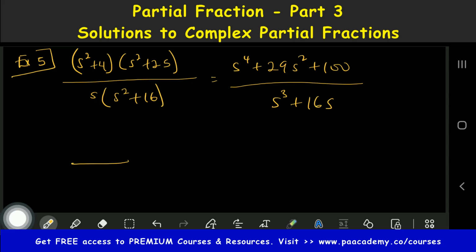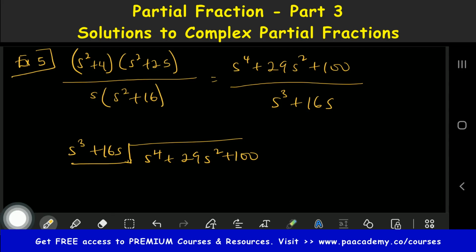All right, so now we can go ahead and apply long division for that. So we are going to have something that looks like this. The divisor is s raised to power 3 plus 16s, and the dividend is s raised to power 4 plus 29s squared plus 100.